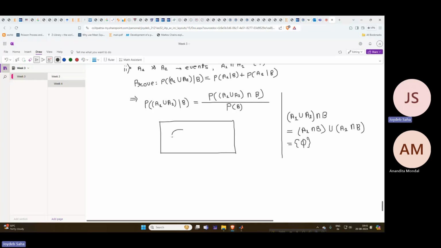Let us think that this is event C, and this is event D. And if we say that C intersection D, then which area will we get? Nothing but this area, right?